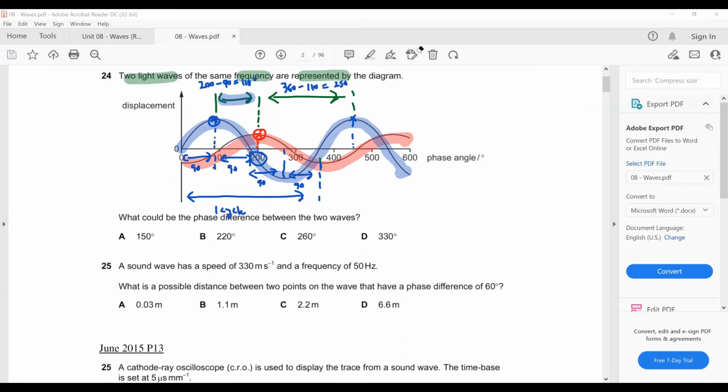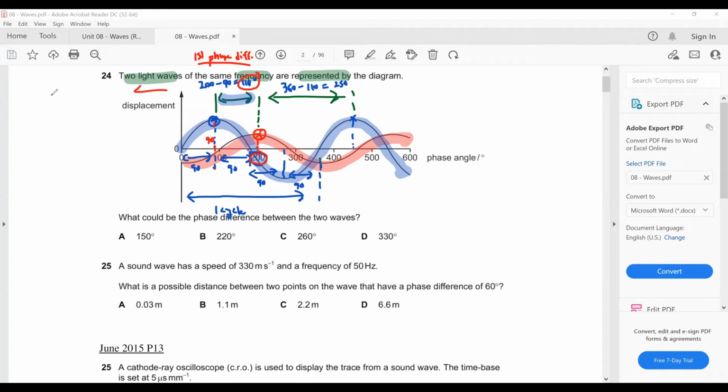So the first phase difference is not a quarter of a cycle. If you look carefully, this one here is 90. This one here is 200. So the phase difference is 200 minus 90, giving you 110 degrees.